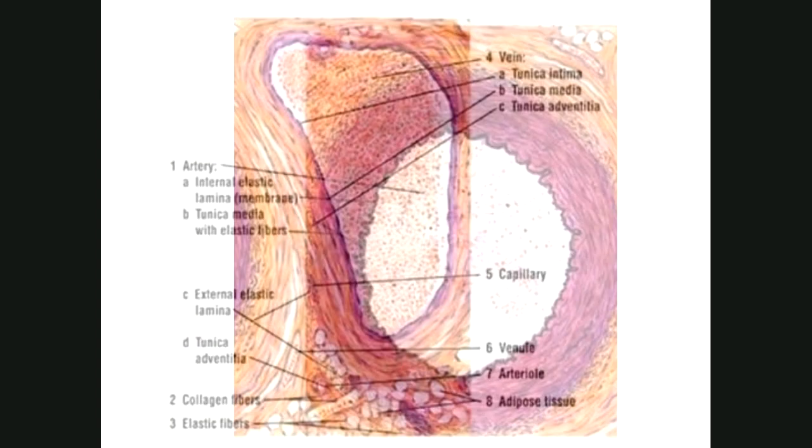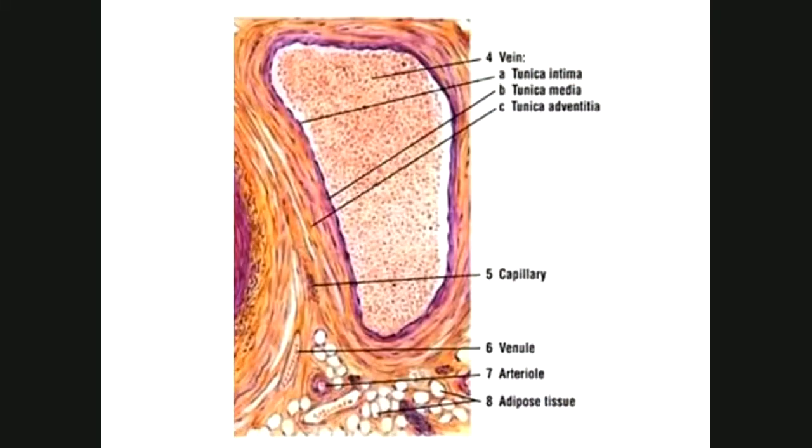Same thing's true for veins. They're not quite as easy to see, but you can still see them. There's the externa. There's the media. Look how thin it is. It's right there. And then here's the interna right here. And then, just like the other one, there's a lumen, and that's where the blood is. And you can even see the blood in there.